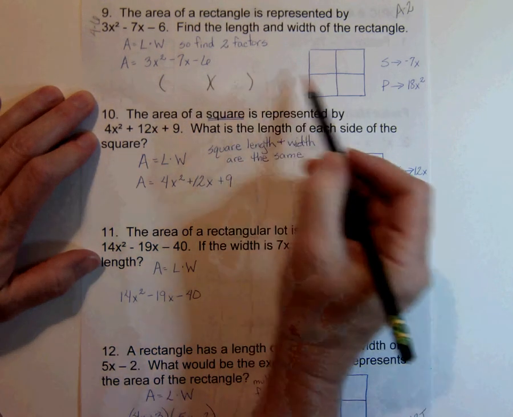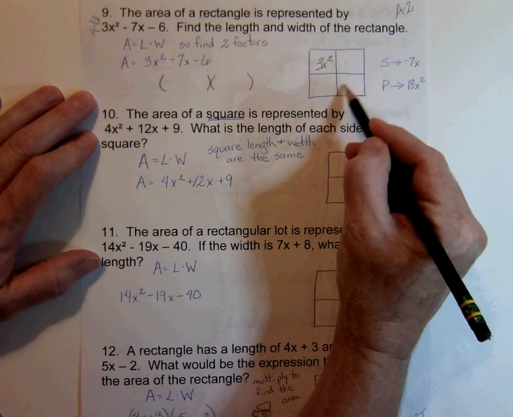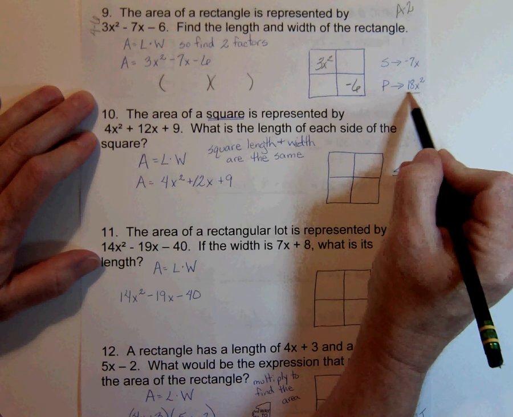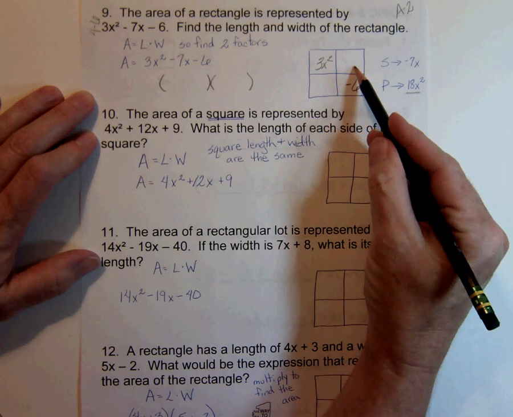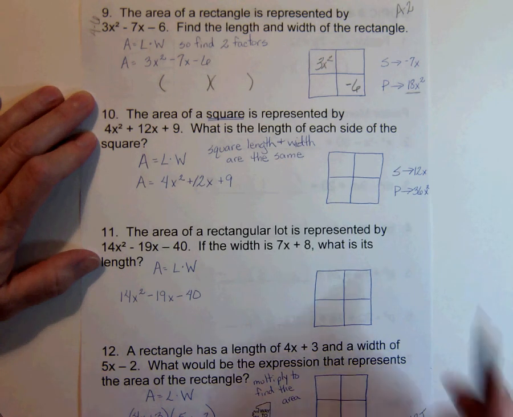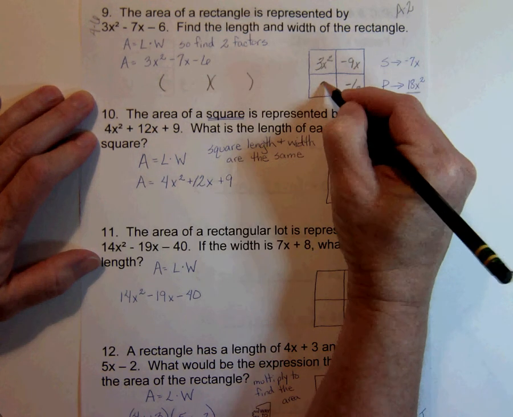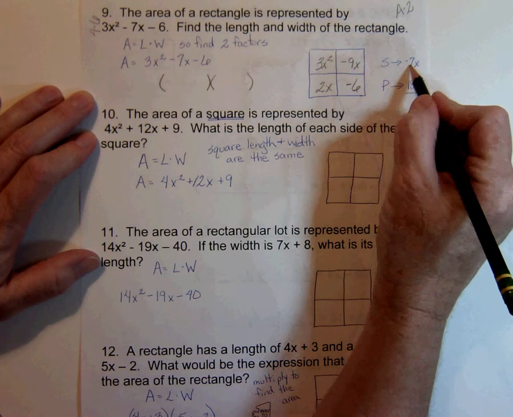So if you're using the box technique, the first term and last term, this and this, is going to make a product of 18x squared. This and this is a product of 18x squared, but an add-in of negative 7. So think a minute, what's going to give you an add-in of a negative 7? That would be a negative 9x and a 2x, because if I combine these two numbers, that's going to give me negative 7.